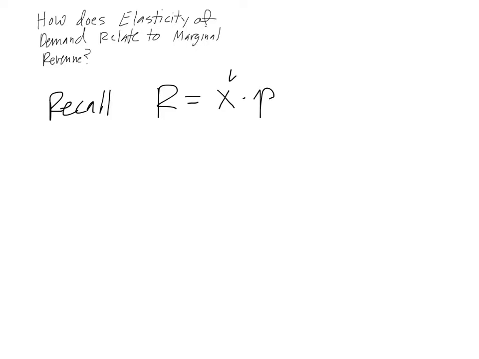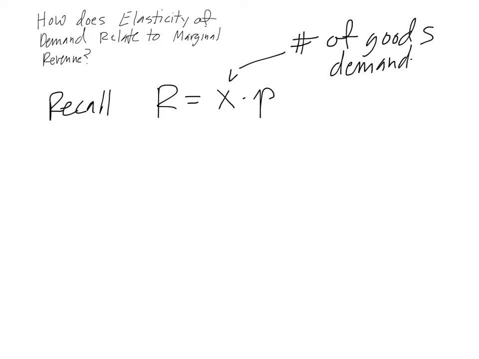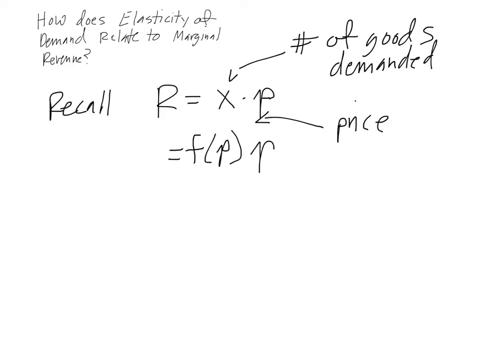So remember, this is the amount of goods demanded and P is price, and we know that the number of goods demanded is f of p, a function of the price.